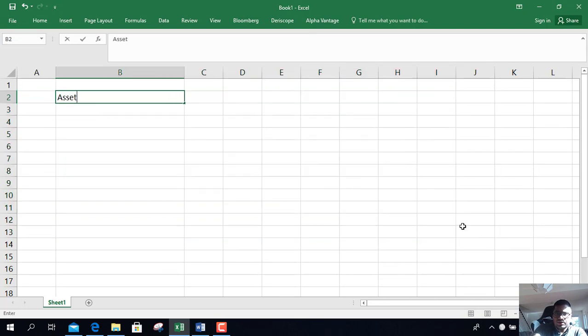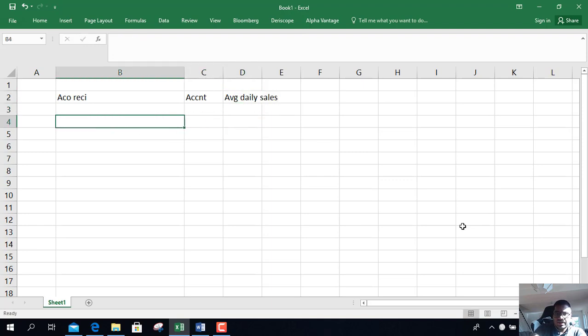So first is accounts receivable turnover. It is nothing but accounts receivable divided by average daily sales. Next is fixed asset turnover, which is nothing but sales divided by fixed assets.